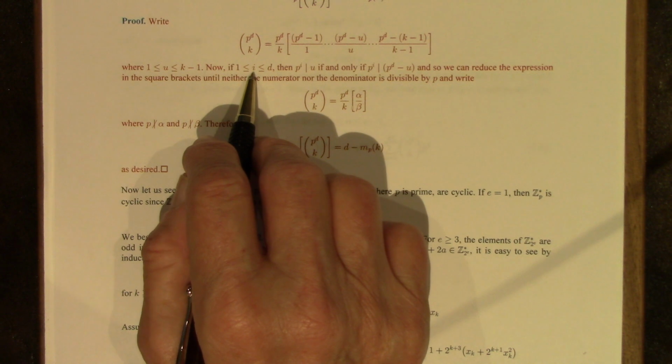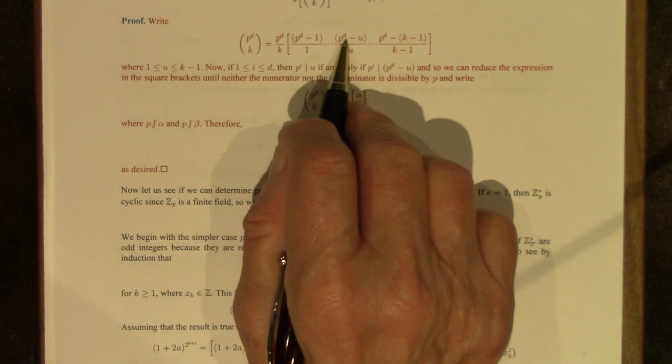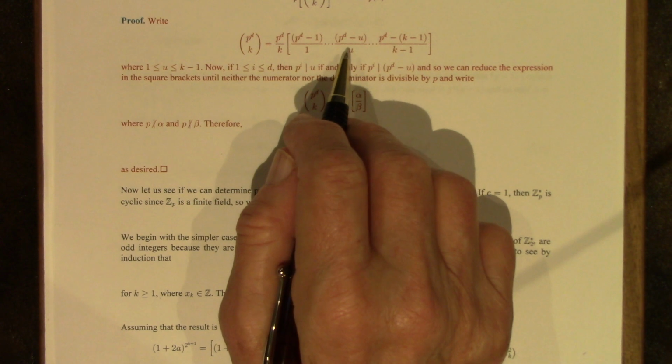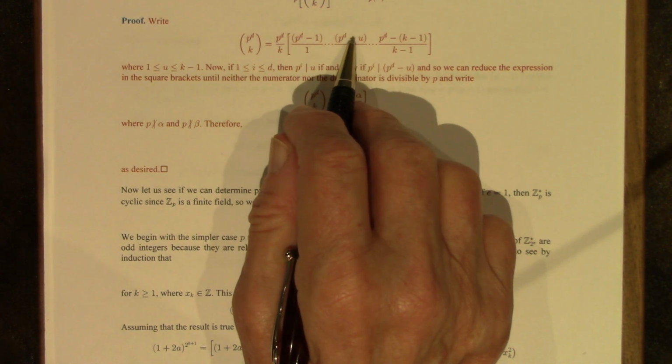Because i is in this range, p to the i does divide p to the d. So p to the i, a power of p, will divide the denominator if and only if it divides the numerator.